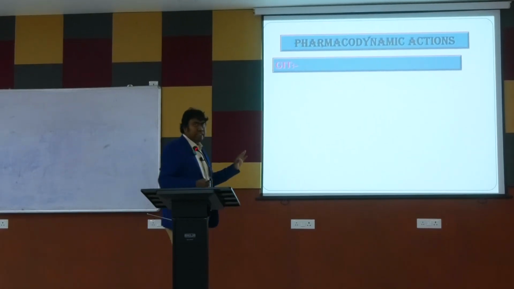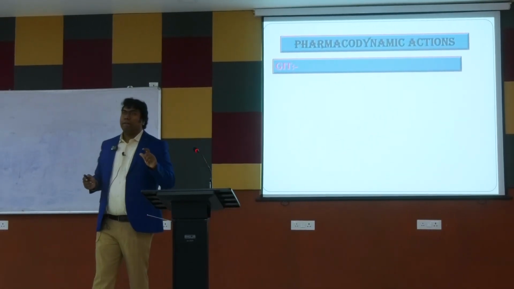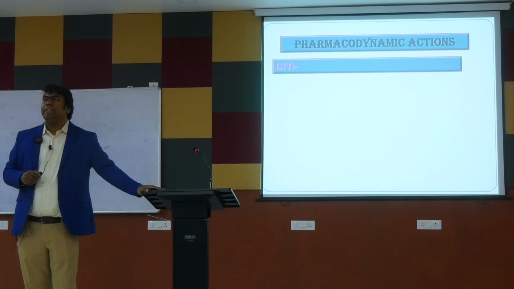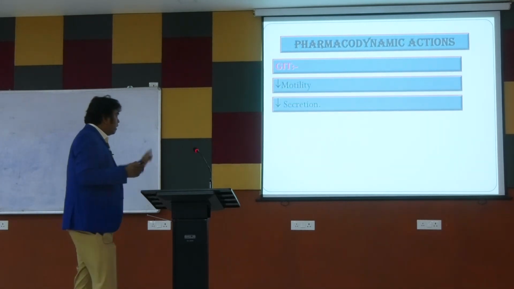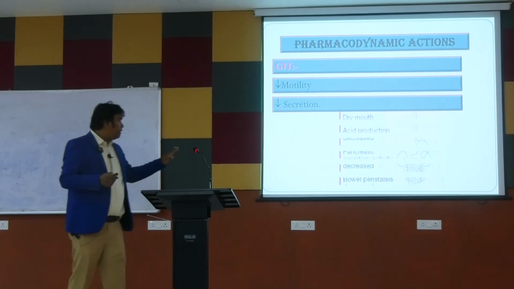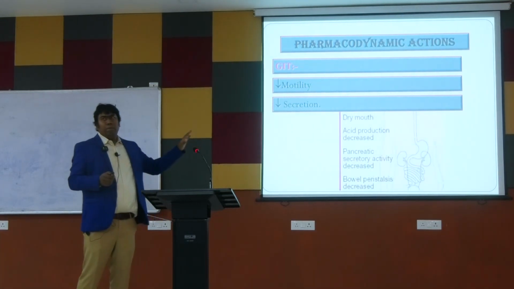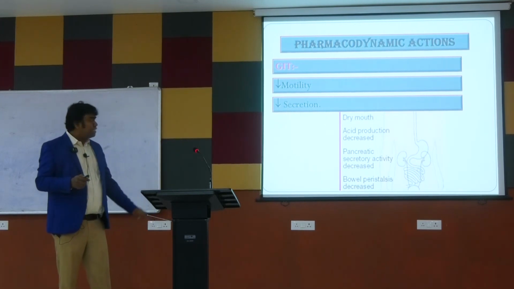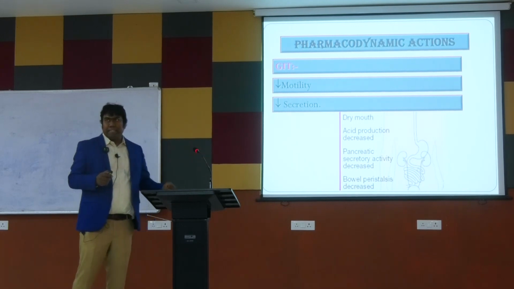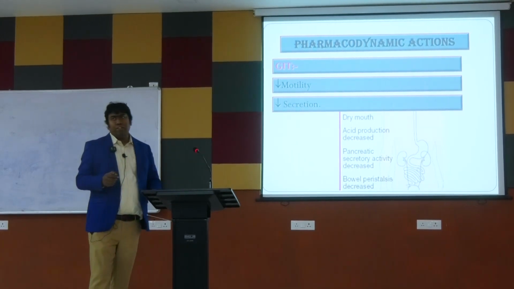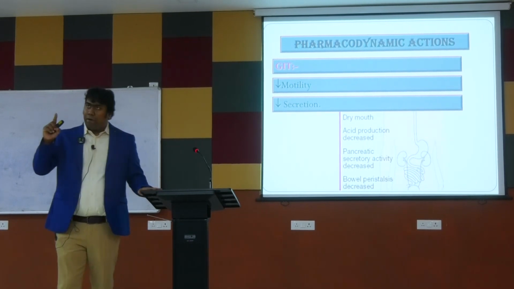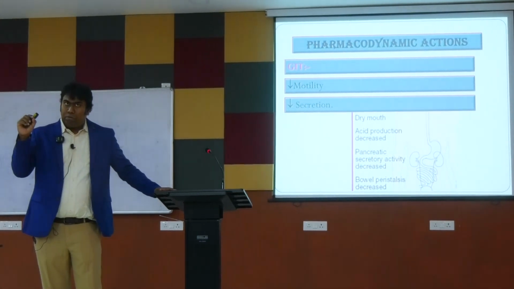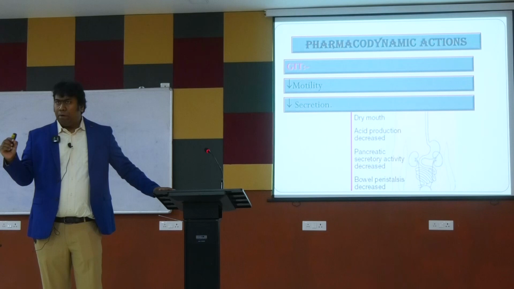Next one is the GIT. What will happen in the GIT? One is peptic ulcer, and it will reduce secretion and reduce motility. Decreased motility, decreased secretion. That leads to, starting right from the mouth, dry mouth, reduced acid production, reduced pancreatic secretion, and bowel peristalsis will be decreased. Dry mouth, the effects of atropine in the GIT: starting from dry mouth, then reduced acid production.